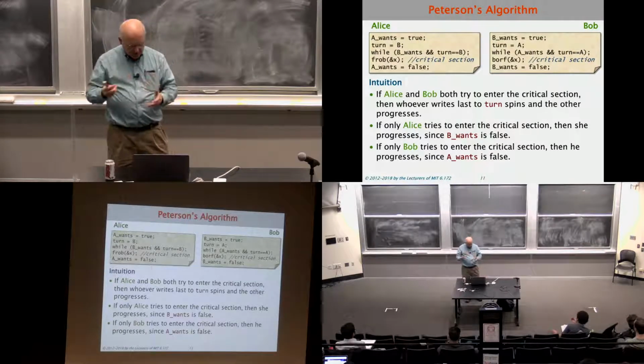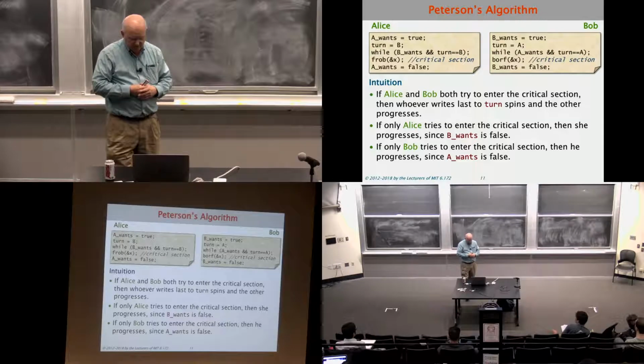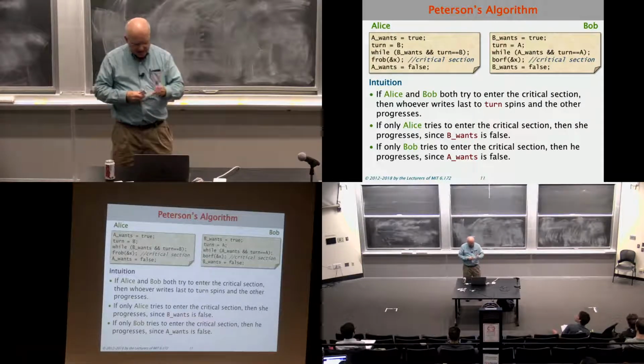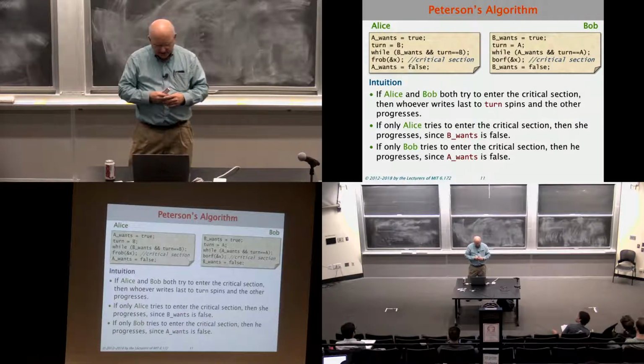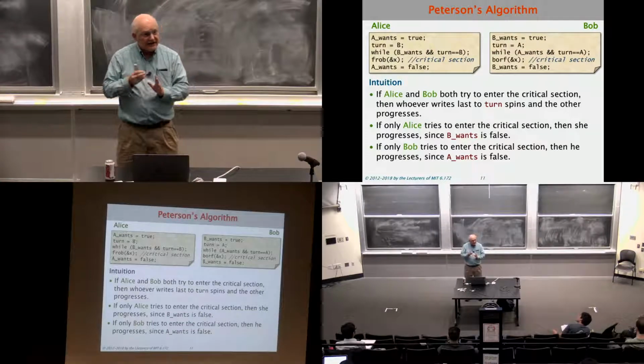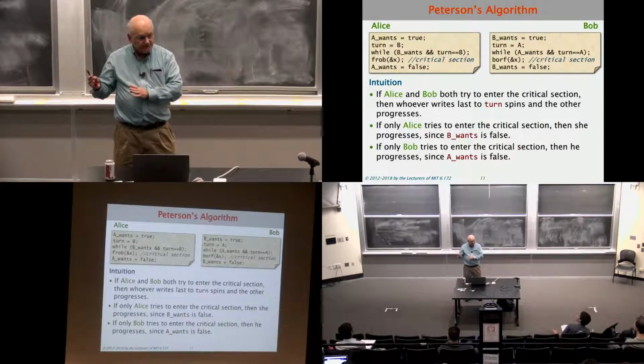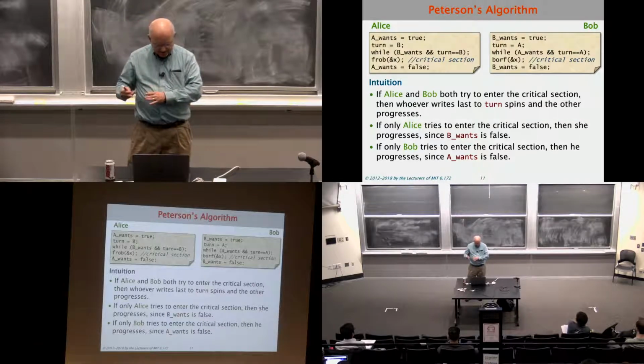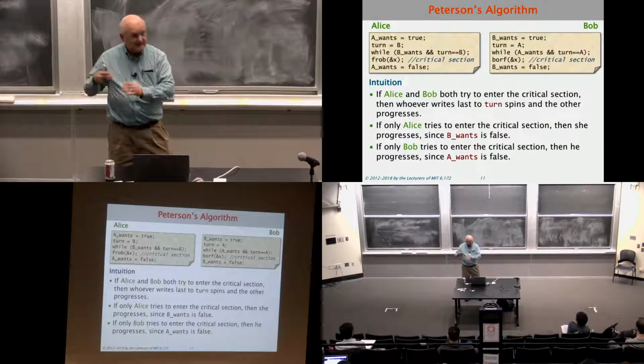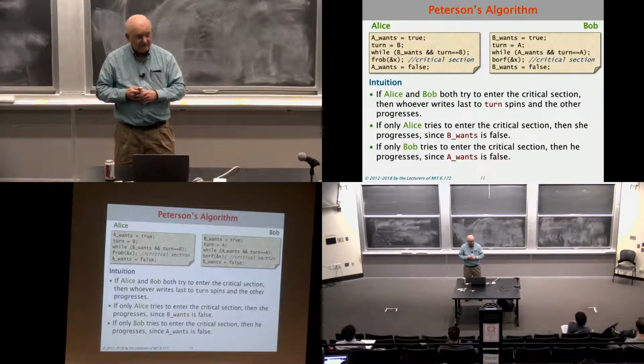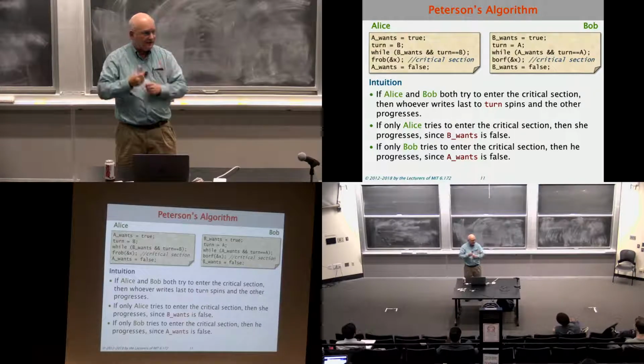And the other one will enter, okay? And then if Alice tries to enter the section, then she progresses because at that point she knows that B wants is false. And if only Bob tries to enter it, then he's going to go because he's going to see that A wants is false. Okay? Does that make sense? So only one of them is going to be in there at a time.